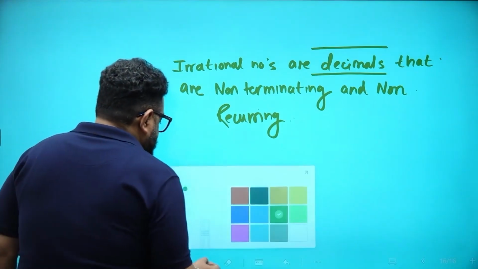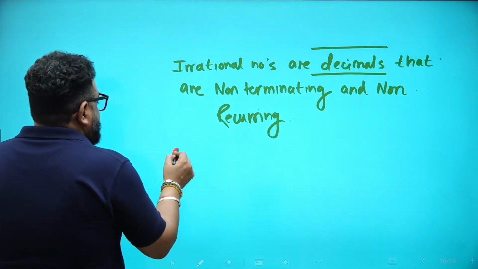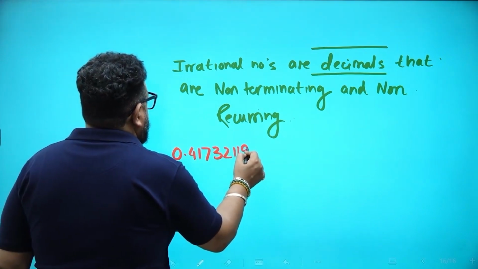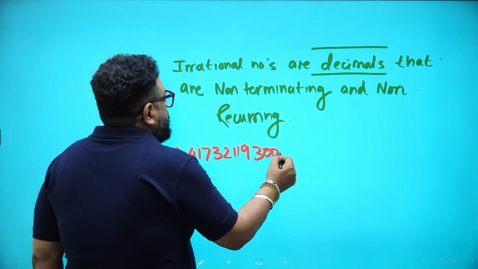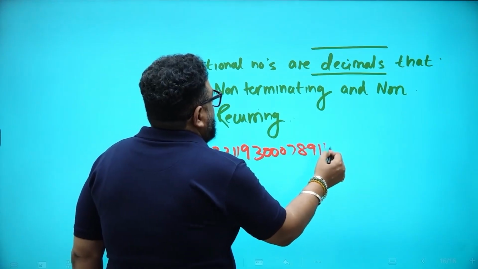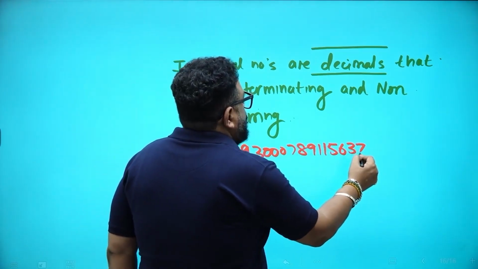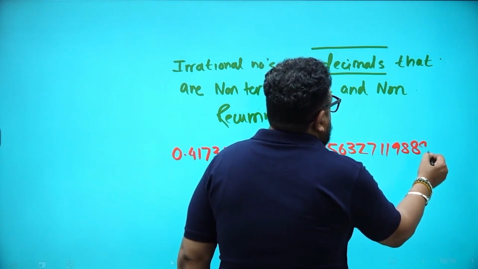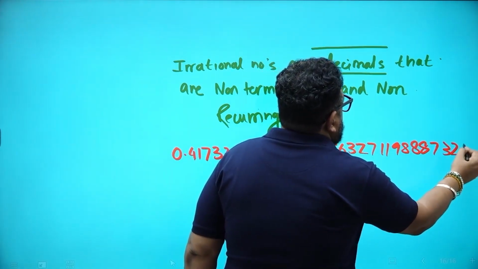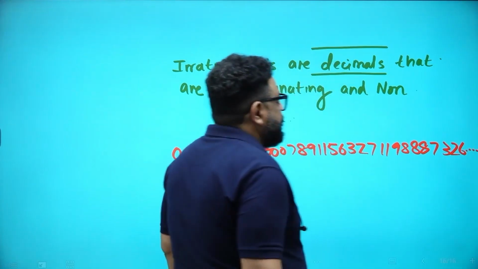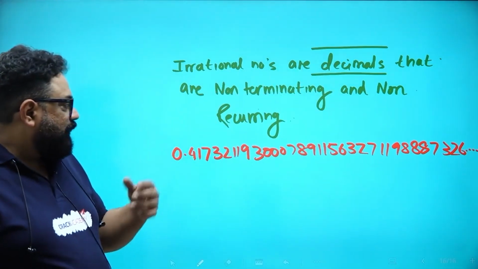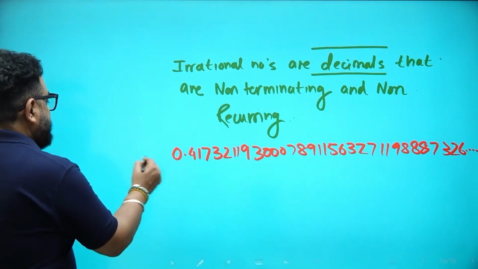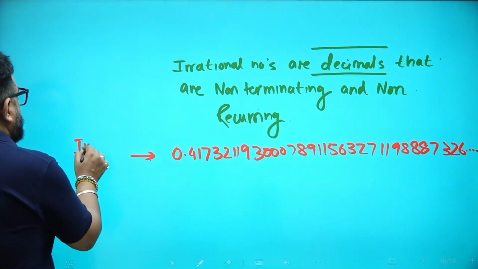For example, if I write a number like this, 0.4173211930007891156327119998887326, and it goes on like this. Now if this number exists, this is your irrational number.